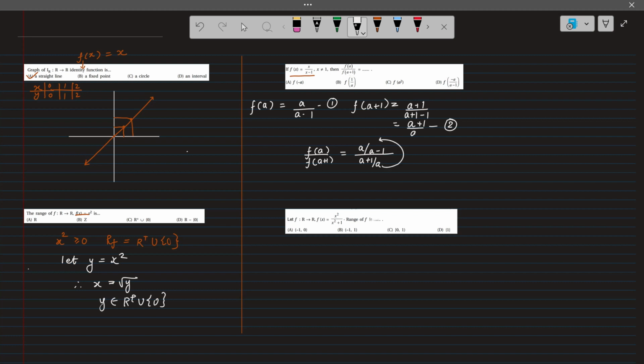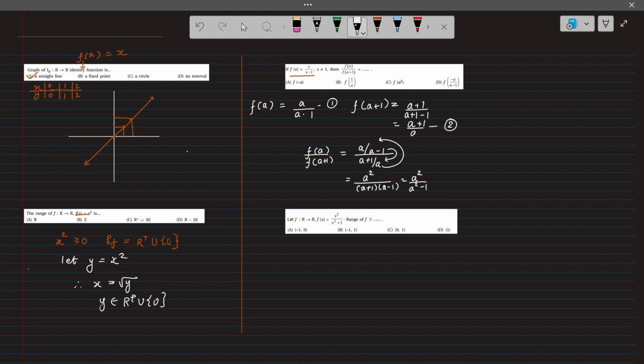This will go to the numerator while a minus 1 will come to the denominator. Hence, we can say a into a will become a square and a plus 1 into a minus 1 will become a square minus 1. So, the final answer will be a square upon a square minus 1.